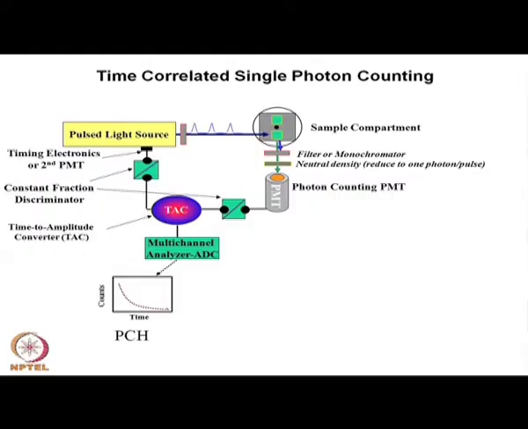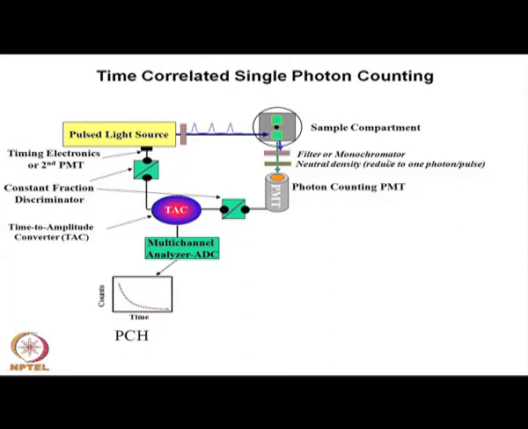A filter is based on the fact that it allows certain wavelengths beyond its cutoff range. So, if it is a UV cut filter, that means UV is not allowed to pass, only visible is allowed to pass. If you do not want UV photons entering your detector, then you can put a UV cut filter. In the same way, other filters are also available.